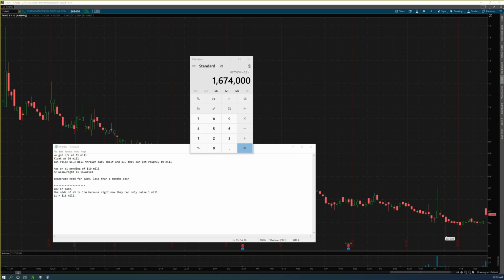How far will it go? In theory, above 250 is where the baby shelf limit is. They're above that, but I don't think that's possible. There's a lower chance of that happening, but it's there. But if you look at it from that perspective, you get 10 to 1 risk reward from 20 cents. You're making 10 times your money.